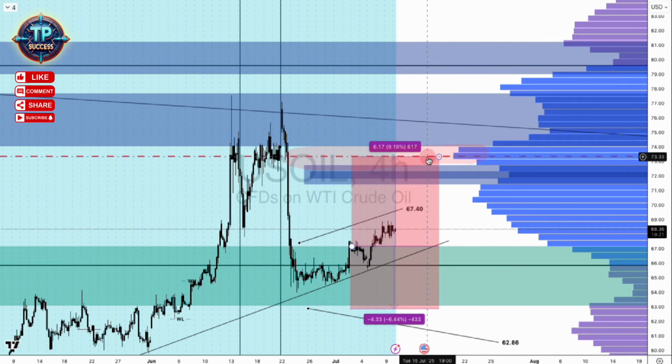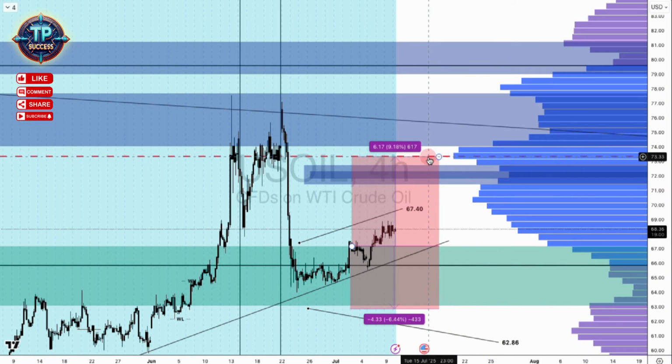The level of point of control is 73.33. It's now attracted to that level. So I believe price is going to get to the point of control, and I called that out in last week's video, that I believed it was actually going to get to that location.